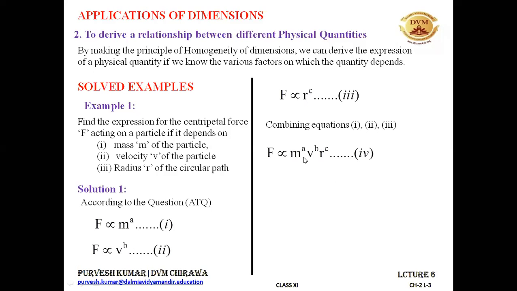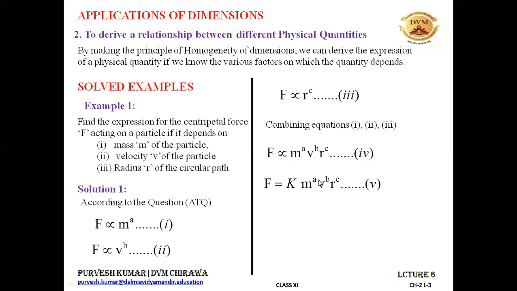If we know this, we can easily write the formula for F. And when we remove the proportionality sign, a constant comes in, denoted by K. So we can write F equal to K, where K is a constant, m to the power a, v to the power b, r to the power c. Now our job is to find the values of a, b, and c.